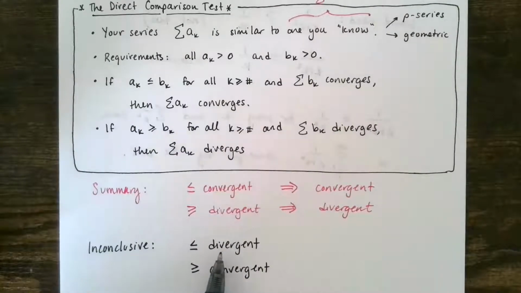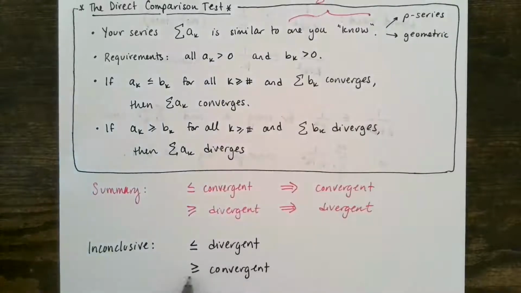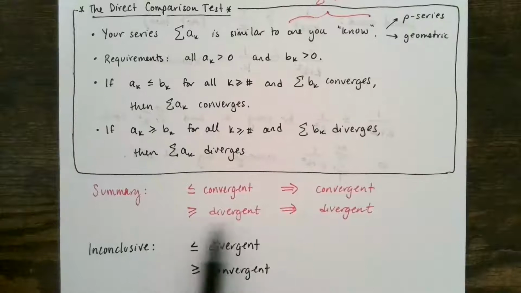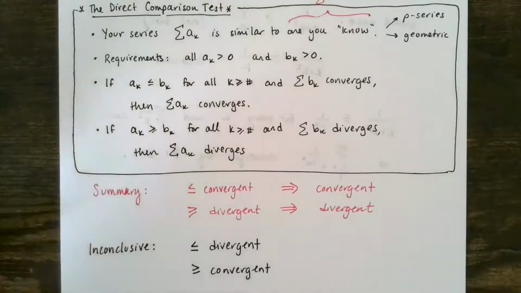It doesn't help you conclude anything. Similarly, showing that your terms are greater than or equal to the terms of a convergent series is not enough information to conclude anything. If you can only show you're greater than or equal to the terms, then it would have to be the terms of a divergent series for it to actually get you to an answer.